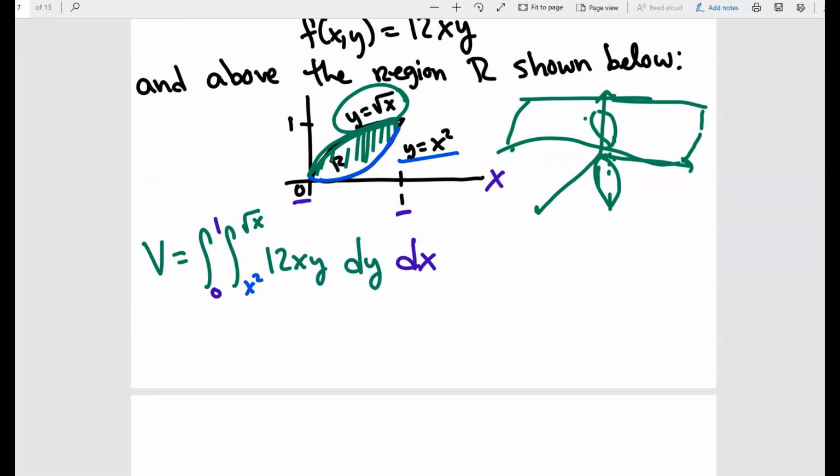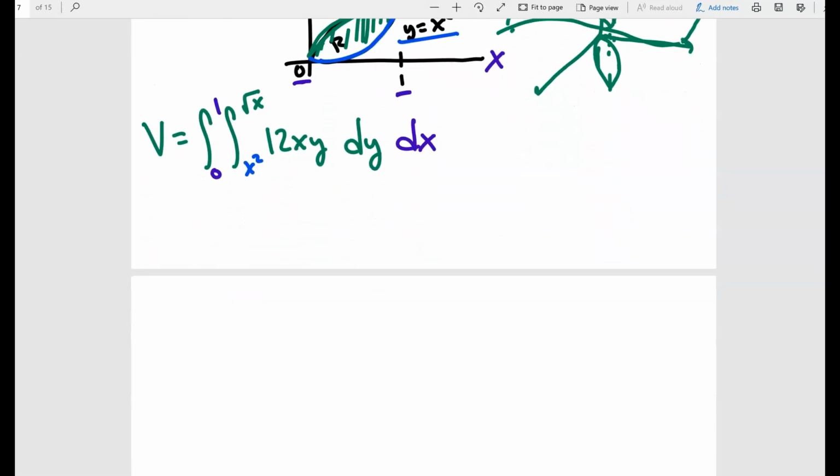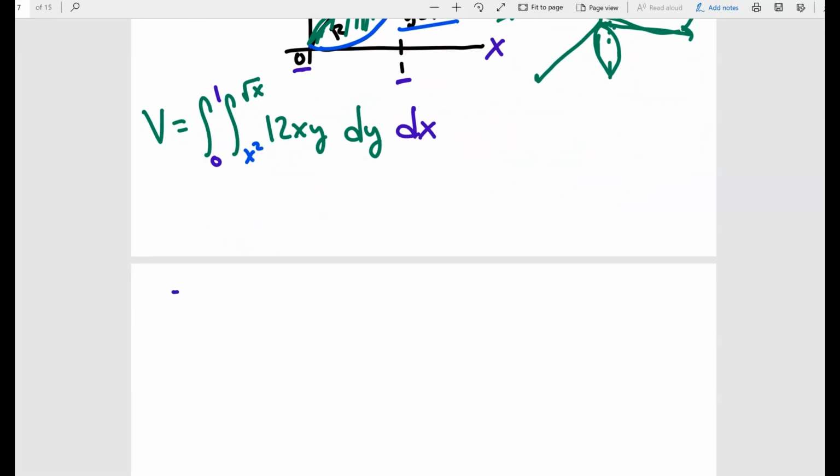So now all we're going to do is go ahead and find out what this double integral is going to be. I'm going to have the integral from 0 to 1, with dx on the outside, and now what I've got to do is figure out what this integral on the inside is going to be. This is with respect to y, so that means 12x is a constant.